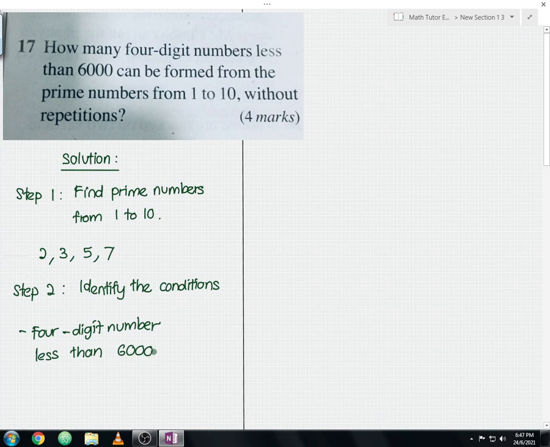Okay, so this is the condition asked by the question. Okay, so this is our step 2. Okay, once we identify the condition, so let us proceed to step 3, where we are required to find the arrangement.